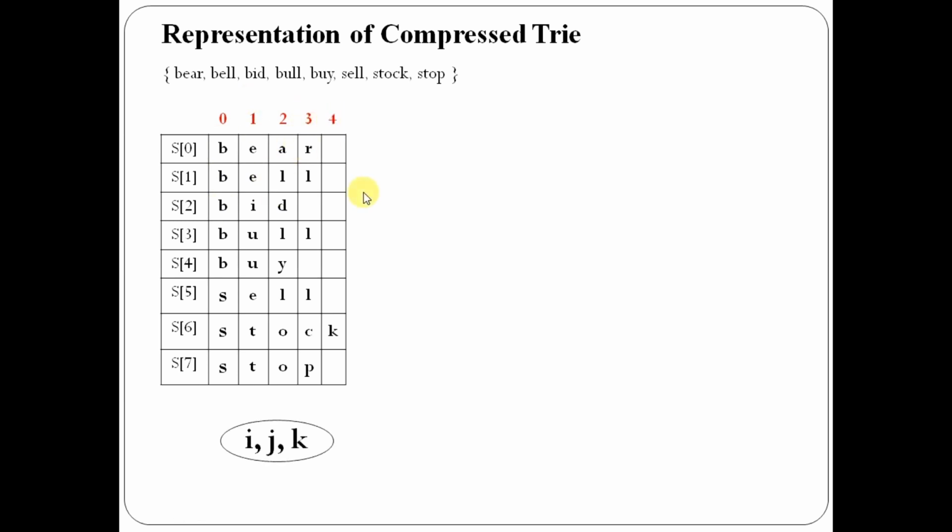In this representation, we have to represent each node using the 3 parameters, that is I, J and K. I denotes the index of the string. For example, if we are considering the B is present at this index 0, so the value of I becomes a 0. J denotes the starting position of that character, and K denotes the ending position of that character.